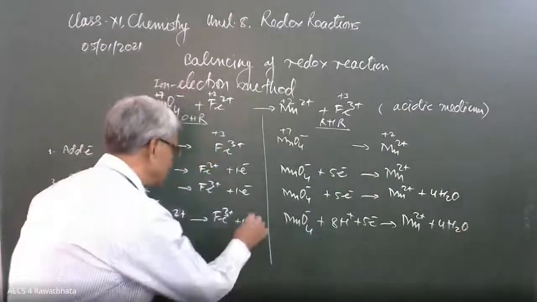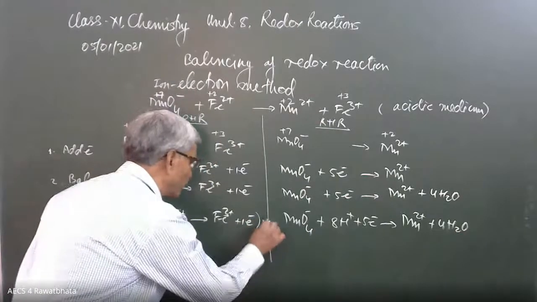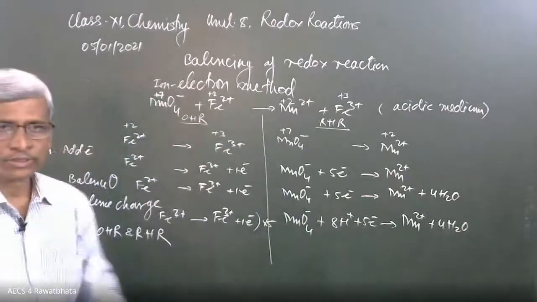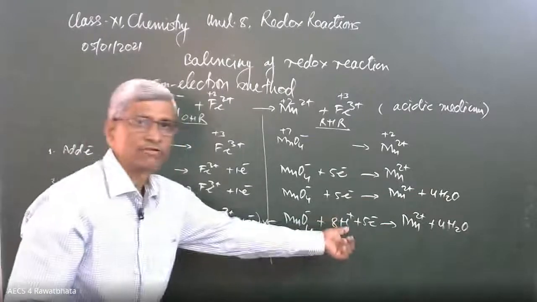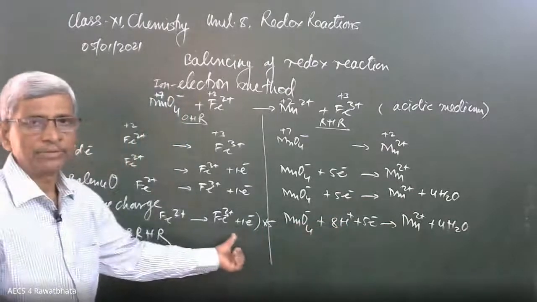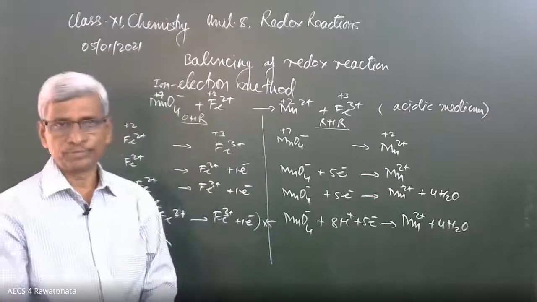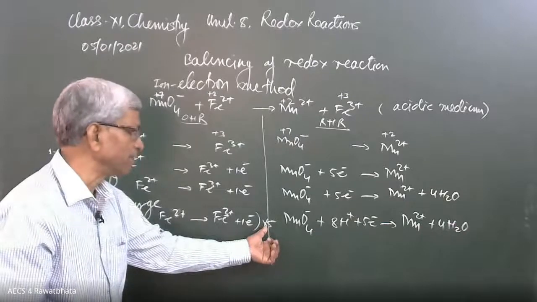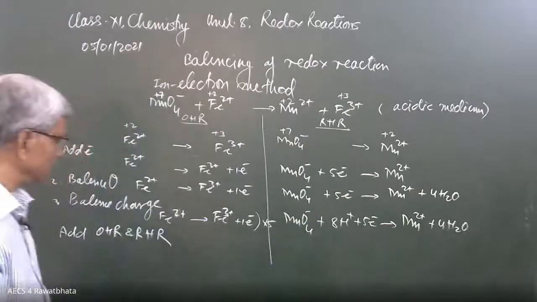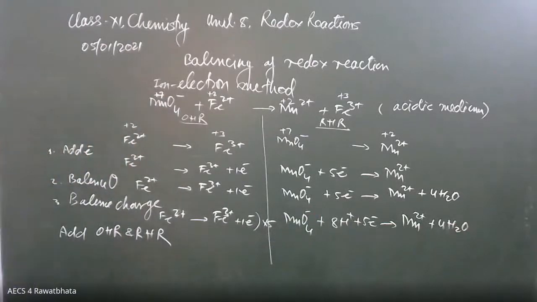That's why this reaction we have to multiply by 5. Sometimes cross multiplication is needed. Here 2 electrons and here 5 electrons. This should be multiplied by 5 and that should be multiplied by 2. Here 5 electrons, and 5 multiplied by 5, and here as such. Then the reaction becomes, yes, you can see here.